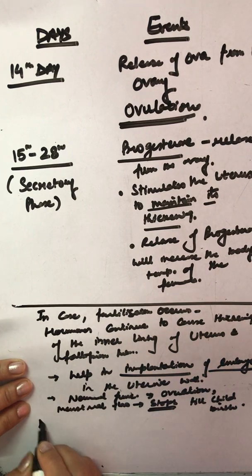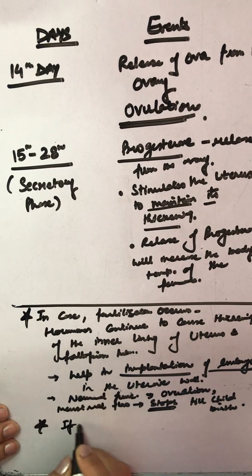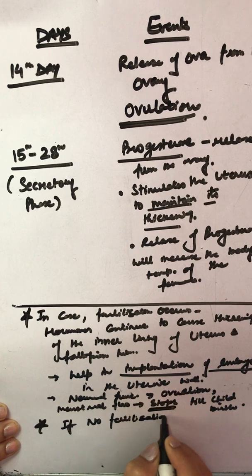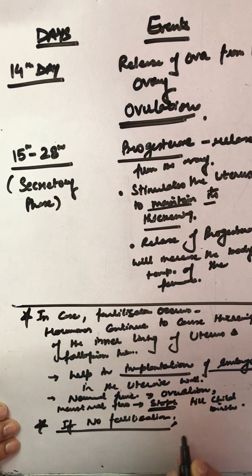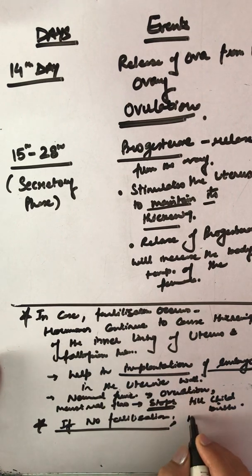And if no fertilization takes place, then the menstrual cycle starts.